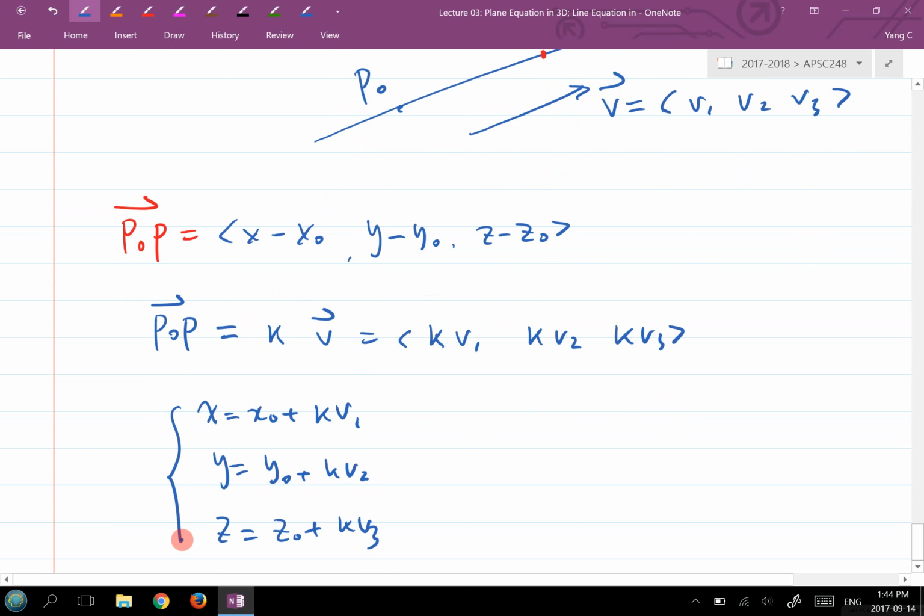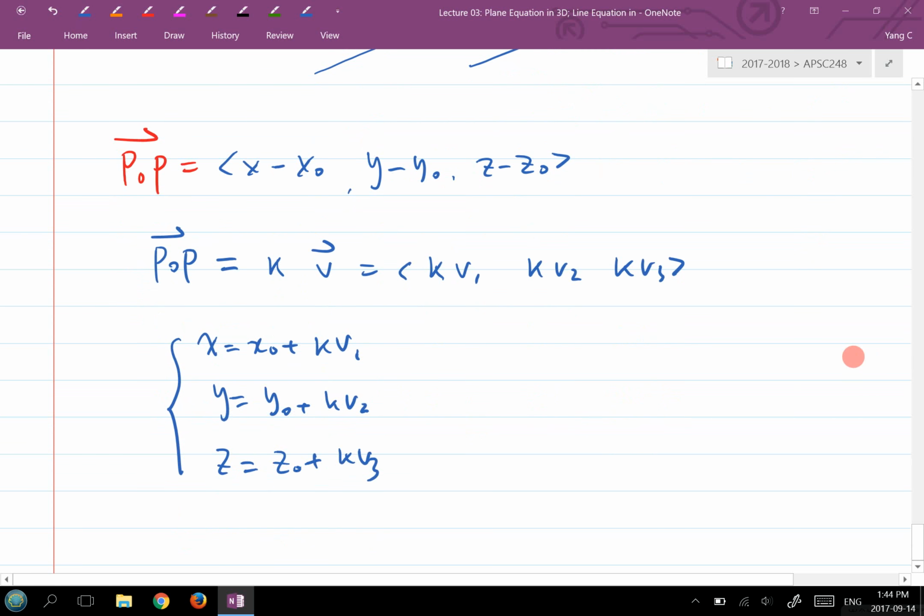This time we didn't use any physics concept. We just used the math conditions, and we still end up with the parametric equation. The parameter we're using here is k, so literally your x can be written as x of k.